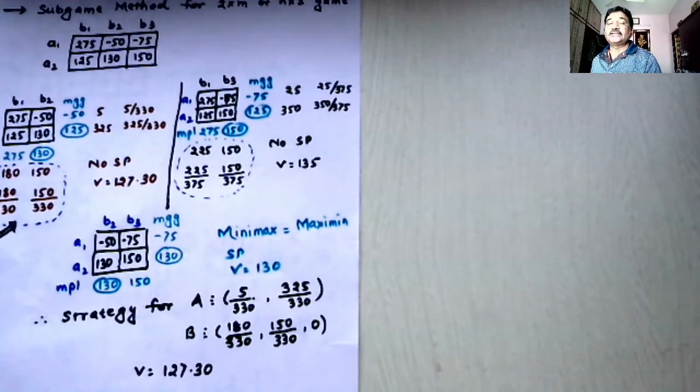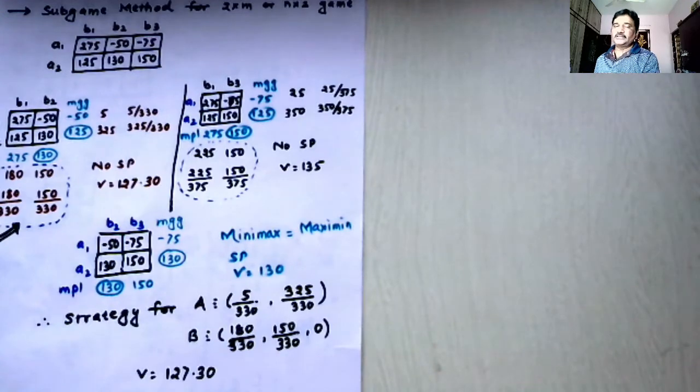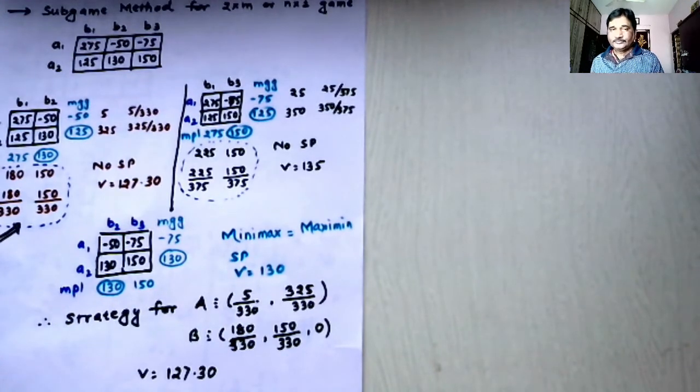Second essentially is the course of action B2. Third essentially is the proportion of course of action B3. So if you don't have a proportion for some course of action, you should not forget to write 0 there. And finally, game value, you have already found that out, 127.30.